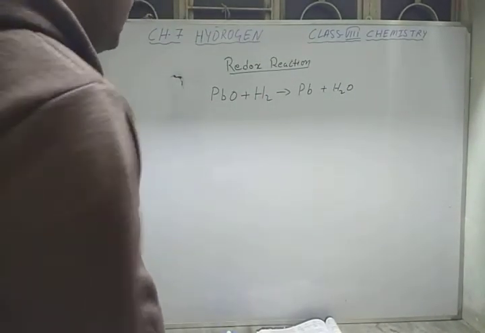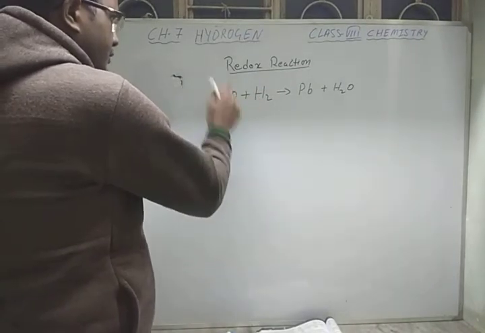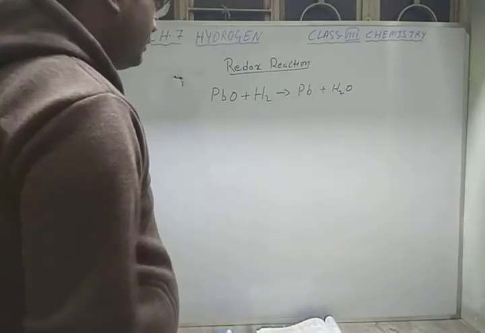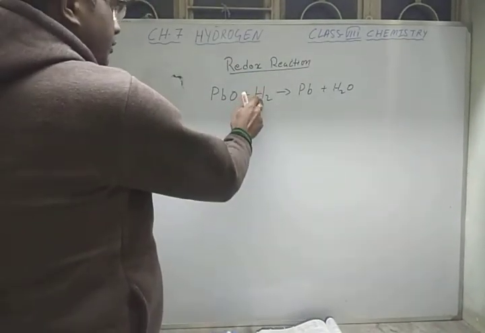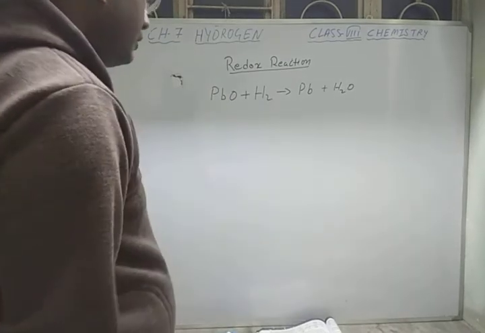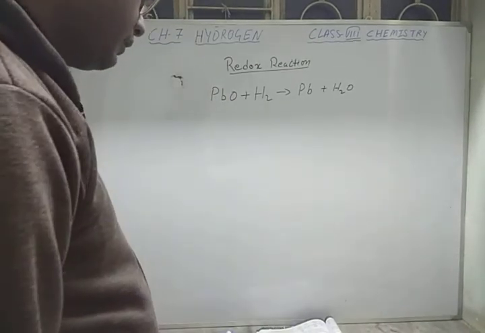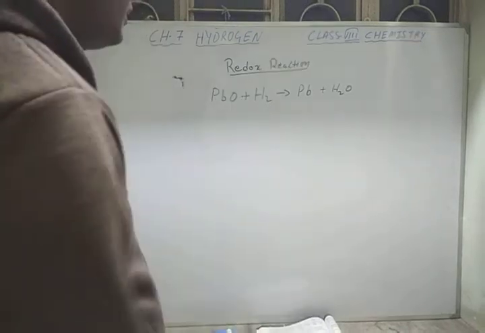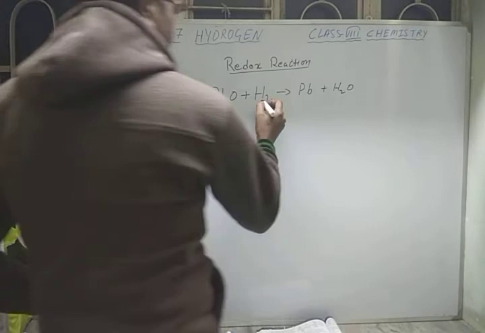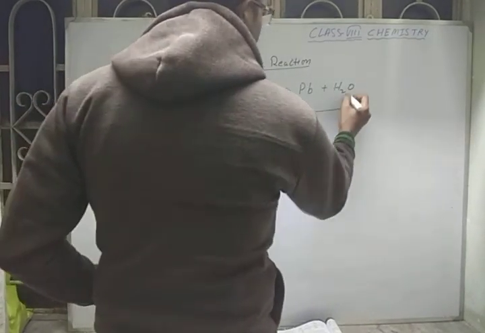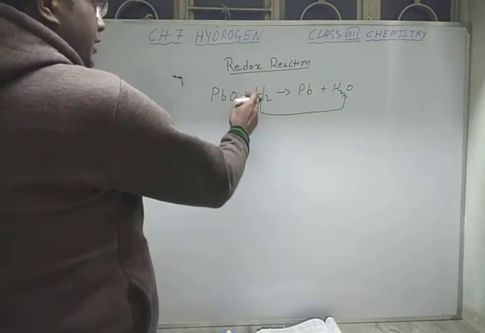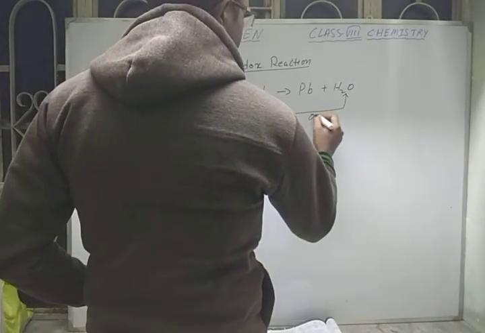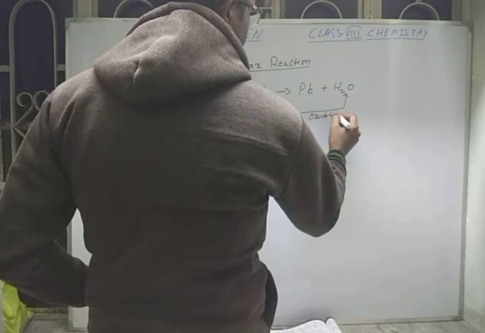What we see here is that hydrogen reacts with oxygen to form water and lead is separated. When hydrogen combines with oxygen to form water, the addition of oxygen takes place, so it is an oxidation reaction.